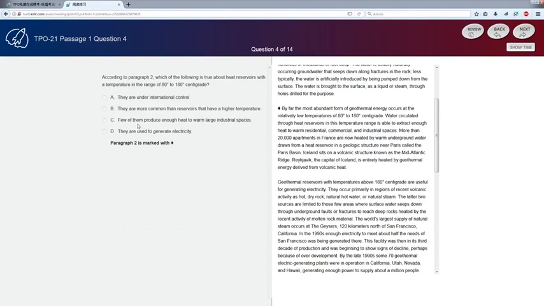So it's a tricky question. This answer is just to confuse you guys. It says industrial spaces. It says heat. So you might think, oh, that might be the answer. Guess what? That's not. Because it doesn't really state few of them, you know.